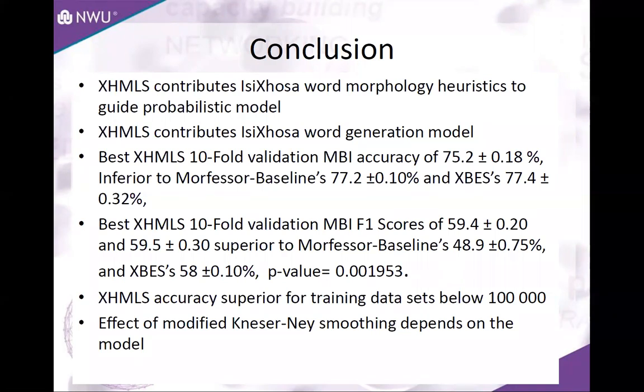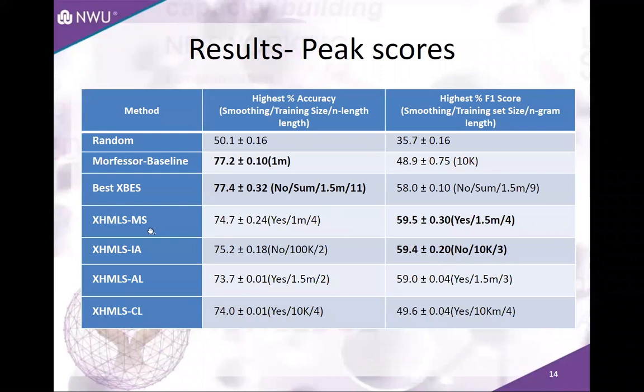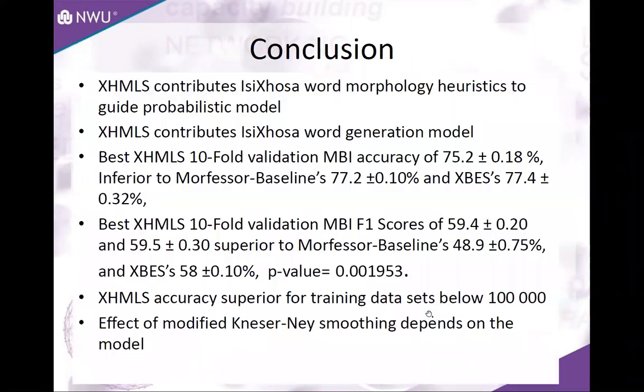We also checked for smoothing effect, and of the models that we use, smoothing is useful on 3 of them, and it's useful for both the accuracy and F1 score, but it's not useful for the independent affixes model, right? So that's what we get. So that is my presentation, and I hope I didn't take too much time.